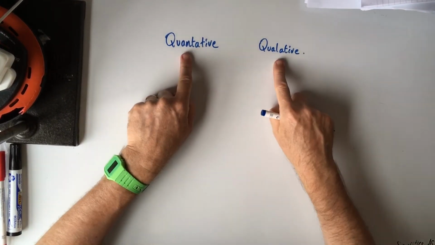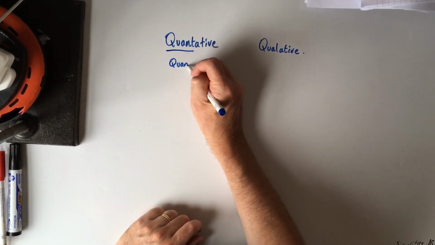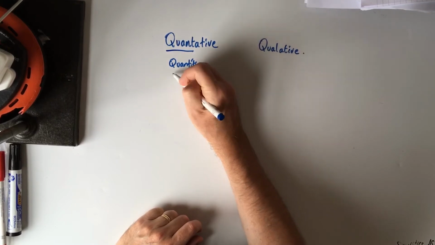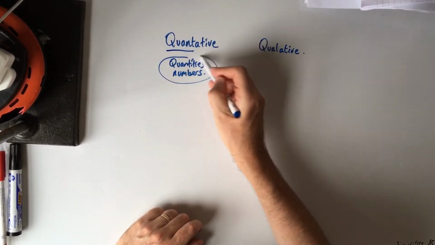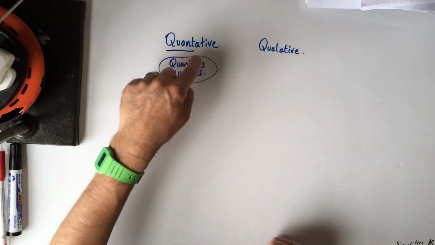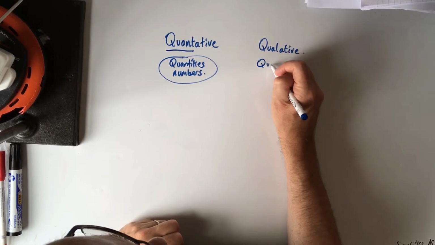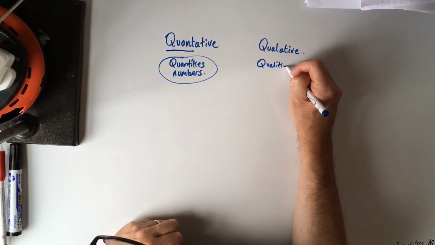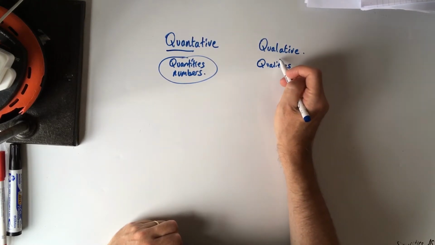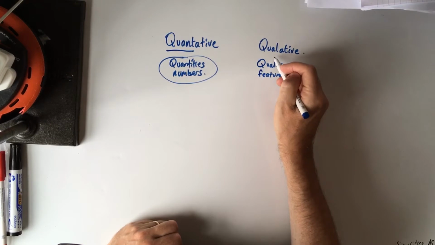Okay, so two types of data, and quantitative is about quantities. They're the ones we mainly want in this topic, quantities, numbers in other words, and qualitative is qualities, like features, if you like.